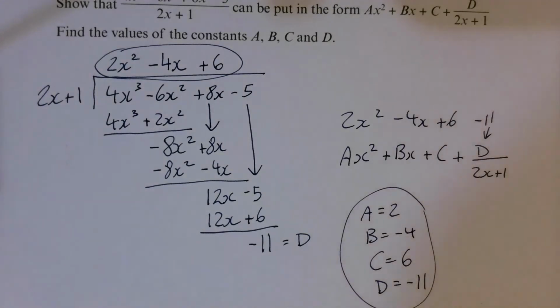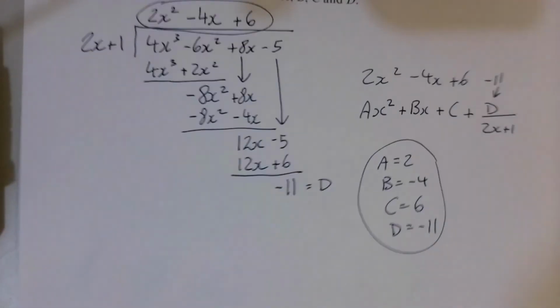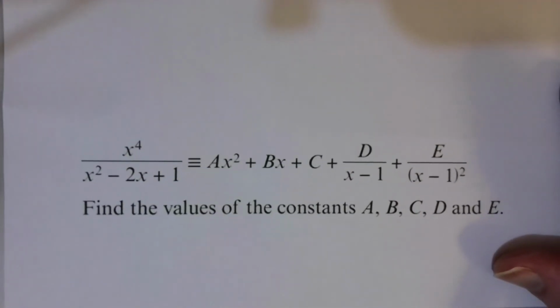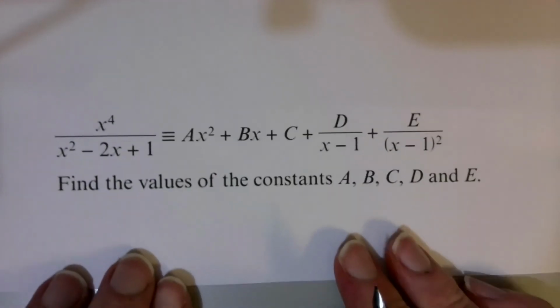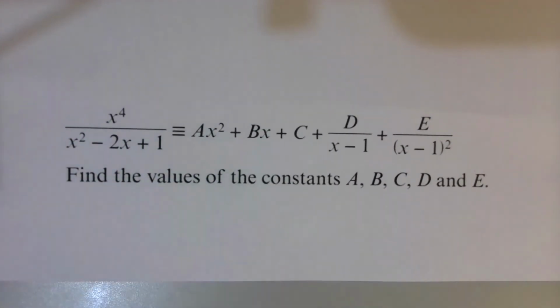Right, now that's all I'm going to show you for now. I'm going to give you a question to do, and I would like you to upload all your working for this. So that's this question here, so pause the video and write it down and all of that.